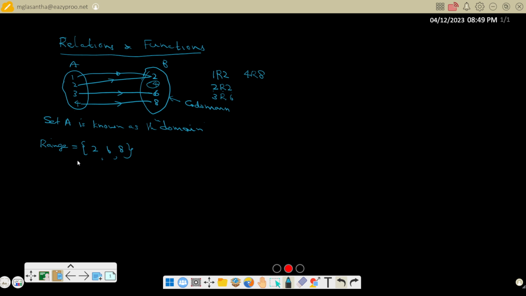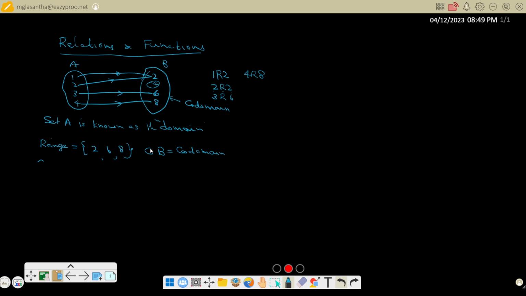But range is a subset of B, the codomain. Okay? Range is a subset of B. What is codomain? Set B is the codomain.